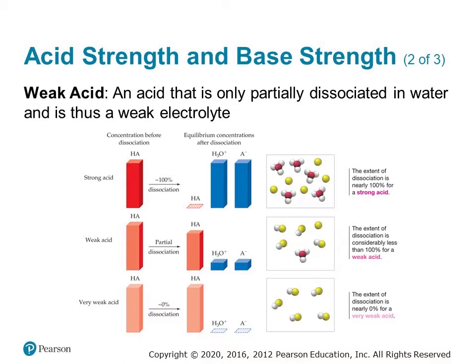If HA is somewhat weaker of an acid than a hydronium ion, then at equilibrium there will be mostly undissociated HA molecules with smaller amounts of dissociated hydronium and A- ions also present. And if HA is a weaker acid than water itself, there will be essentially 0% dissociation. In other words, at equilibrium, essentially all of the HA molecules remain undissociated, with only negligible amounts of hydronium and A- ions present.